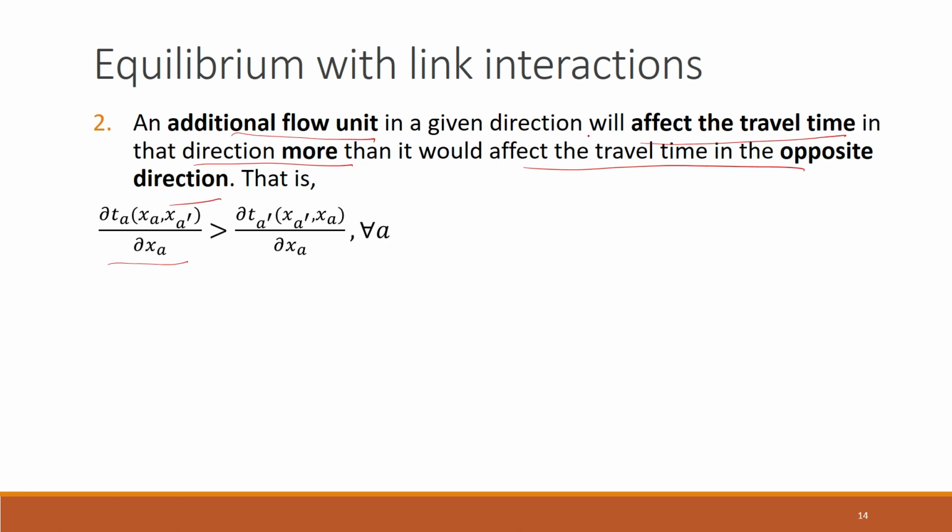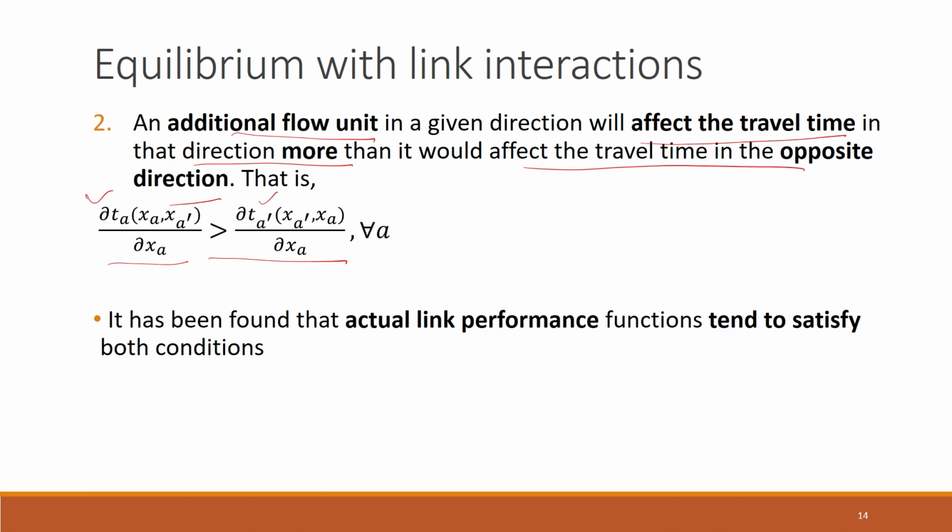So, the same flow unit will be affecting more travel time in this direction as compared to the opposite direction. So, here we are taking the partial derivative with respect to the same flow xA, but on top we have the travel time of link A, and here we have the travel time of the opposite link.